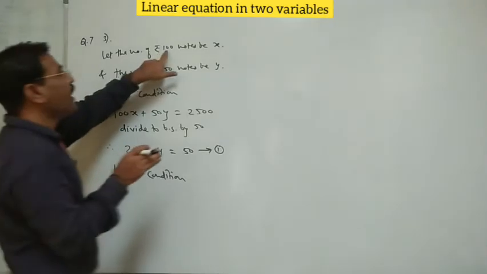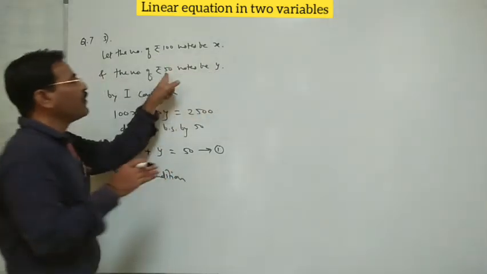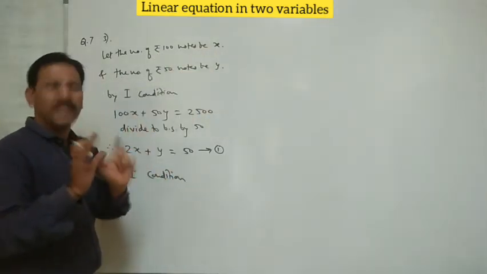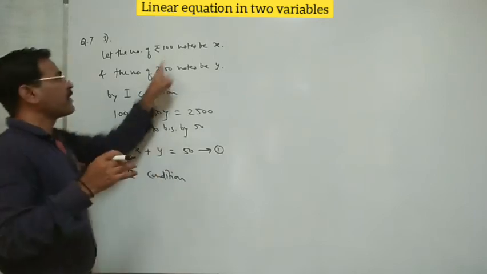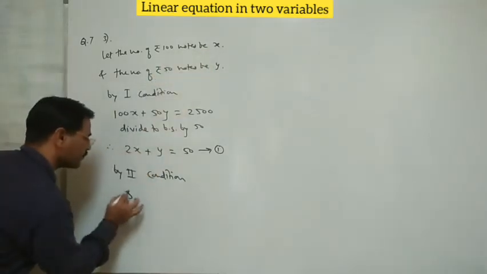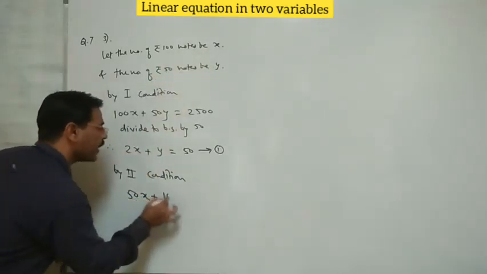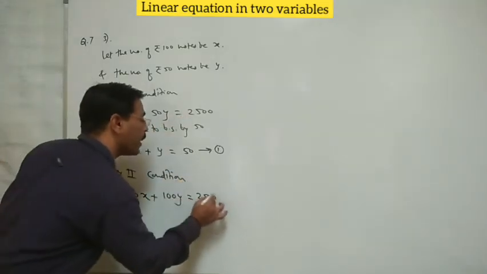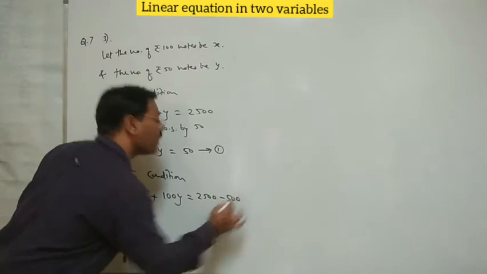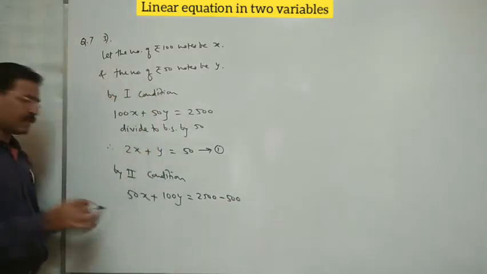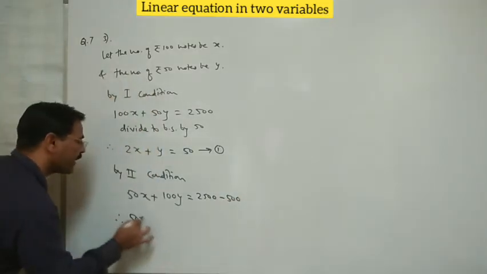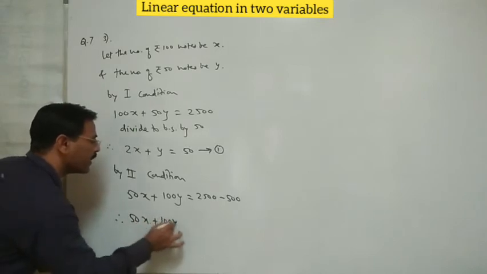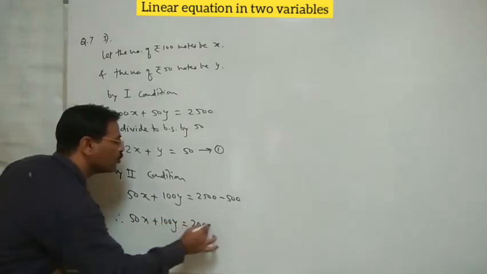What will we get here? 100y and 50x. So I'll write 50x, then 100y is equal to 2500, but she'll get 500 less. So what do we get here? 50x plus 100y is equal to 2000.